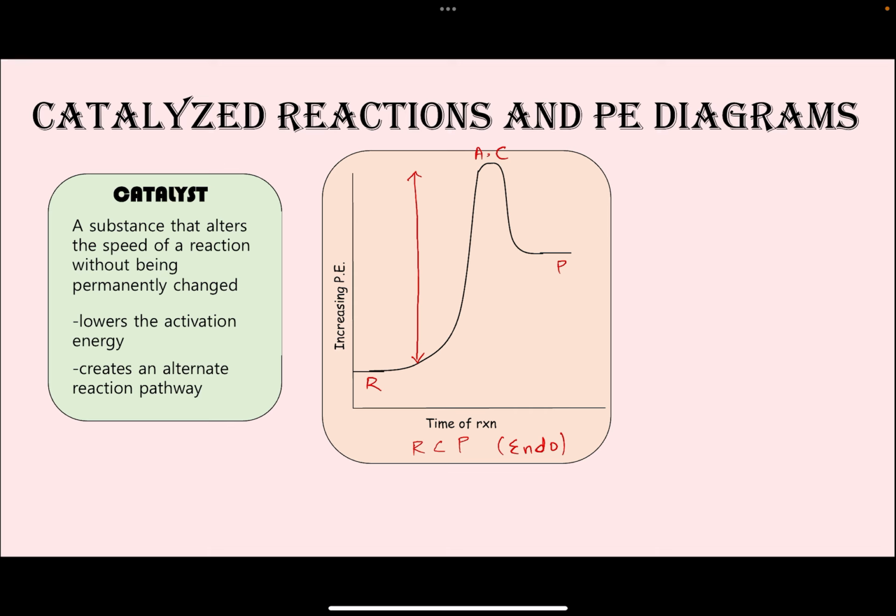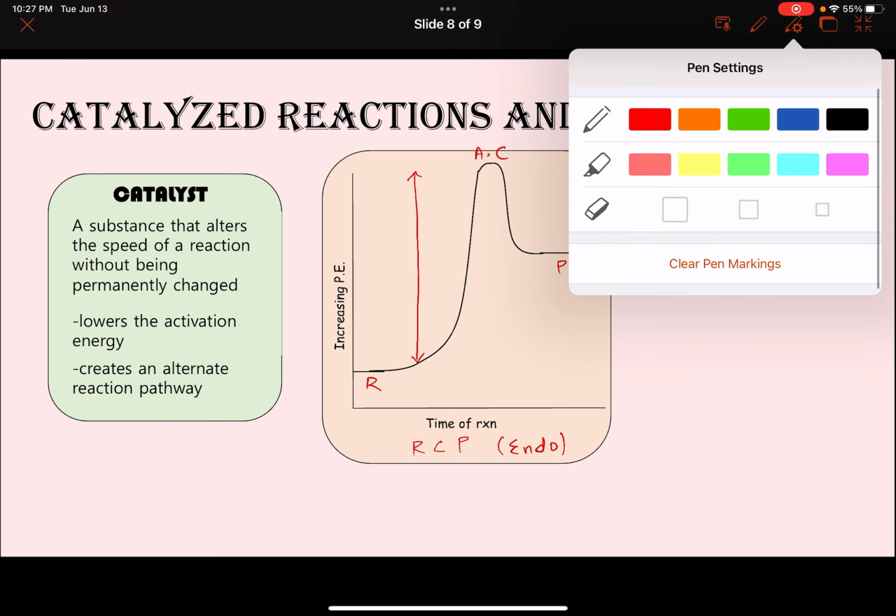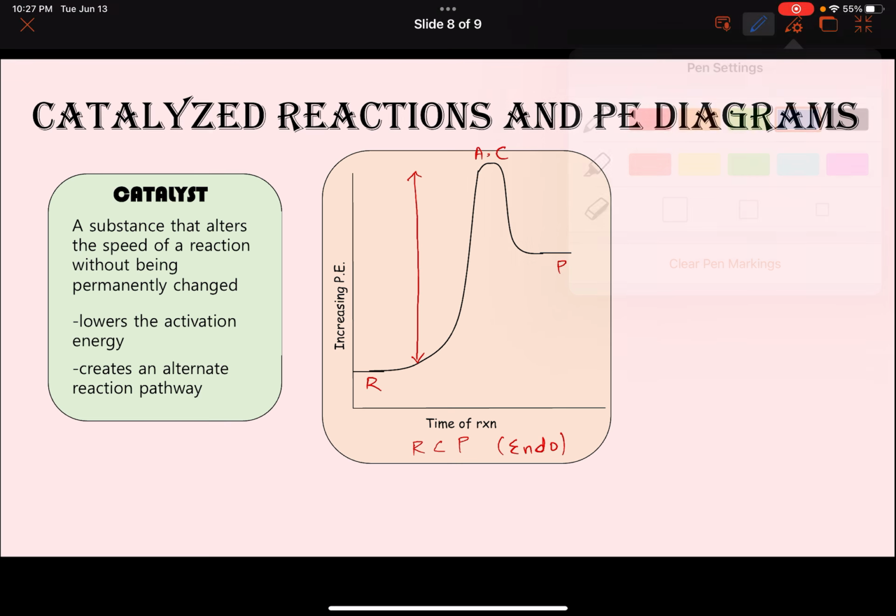But now that we are adding a catalyst, let me use a different color. Let's do blue. For the catalyzed reaction, it's going to lower the activation energy, so that's going to be somewhere around here. This blue line is representing our catalyzed reaction.